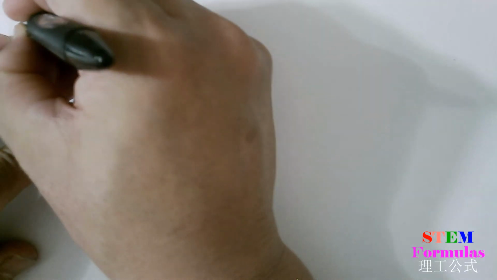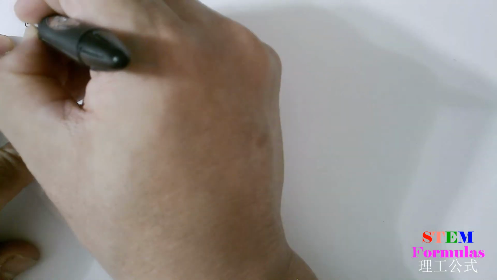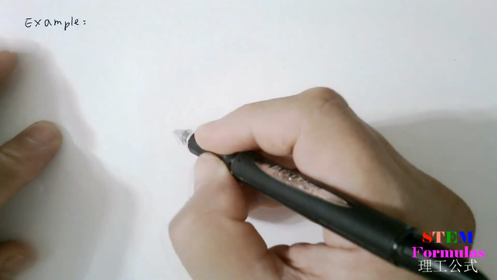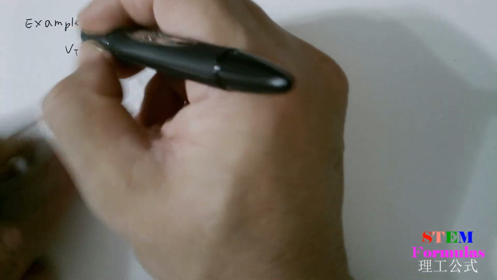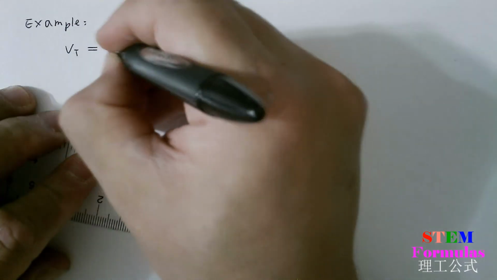Now, I'm going to give you examples. Okay, example. VT equal minus 4 volts.